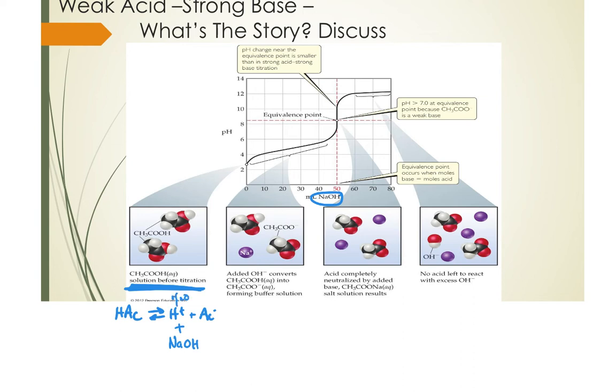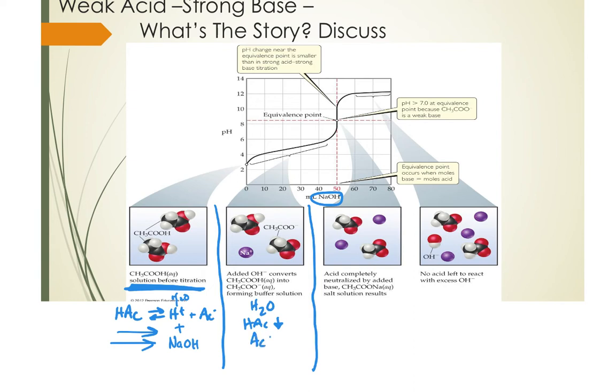Okay, as it does that, it will shift the equilibrium, putting more and more HAC into solution. Okay, so that means that you end up with a bunch of new water molecules being made. Your amount of HAC is going down. There's no H plus in there because it's being consumed by the NaOH.